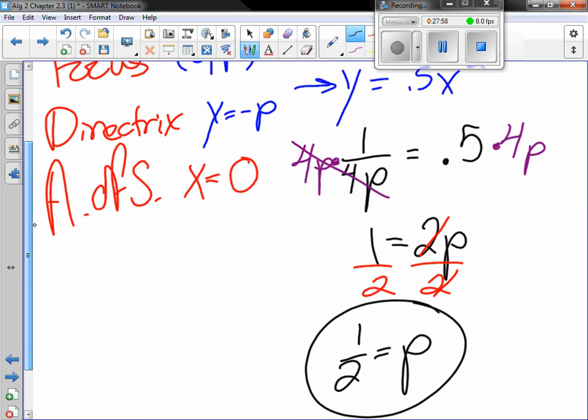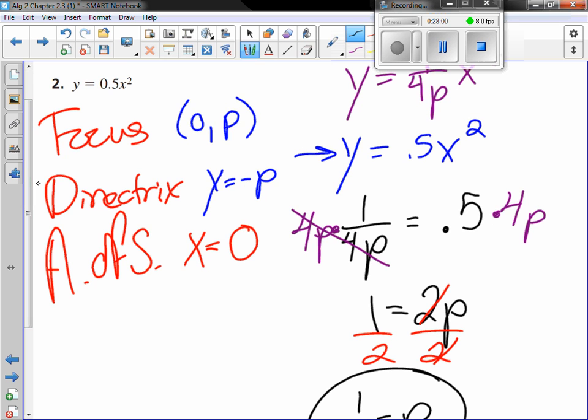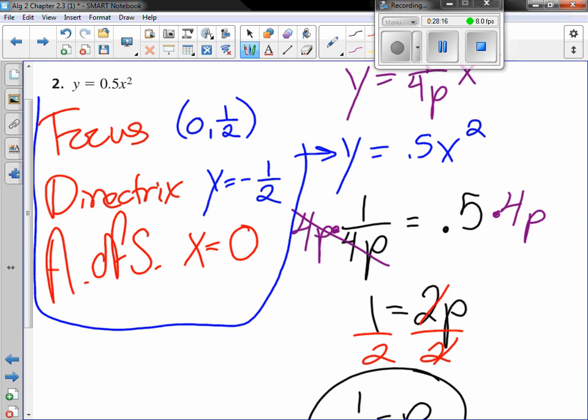So I can go back up here. And the focus is going to be 0 comma 1/2. The directrix is y equals negative p, and p is 1/2. And that's it. That's all we have to do for this here.